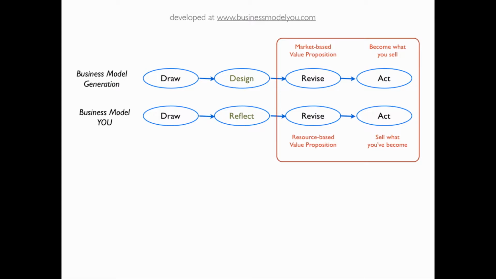Both books start with drawing up a canvas. Business Model Generation has a focus on design principles and how we could approach that market better. Where Business Model U has reflection principles. How do we understand who we are and what we have? And then in either case, we take those things, revise them with insights, and then we act on them, revise them with further insights.